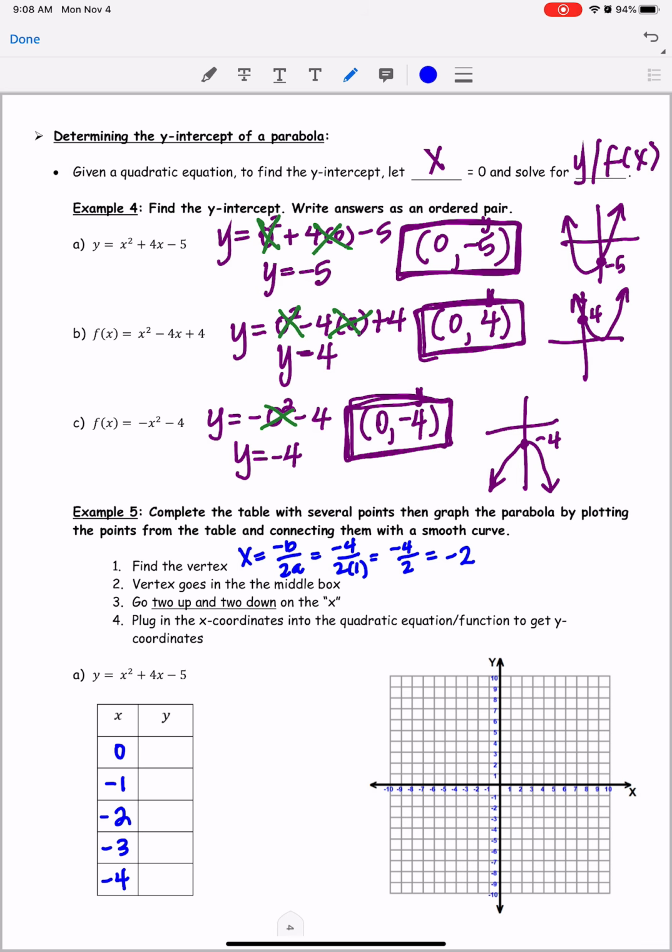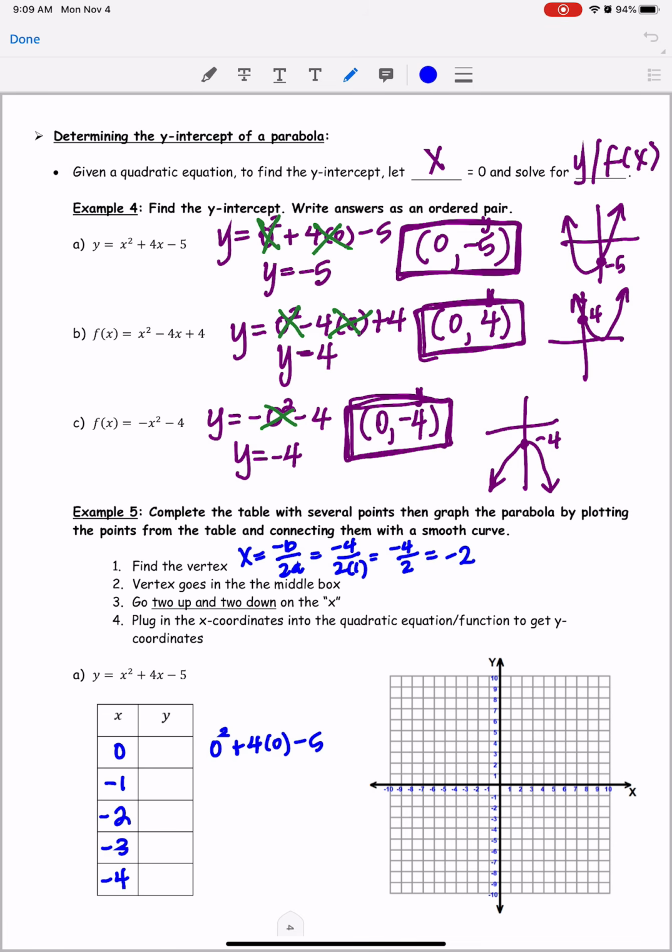So then step 4 is all calculator work. Plug in the x coordinates into the quadratic equation or function to get the y coordinates. You are taking these 5 x's and plugging them in to this here to get the y coordinates that go with them. So we are doing 0 squared plus 4 times 0 minus 5.